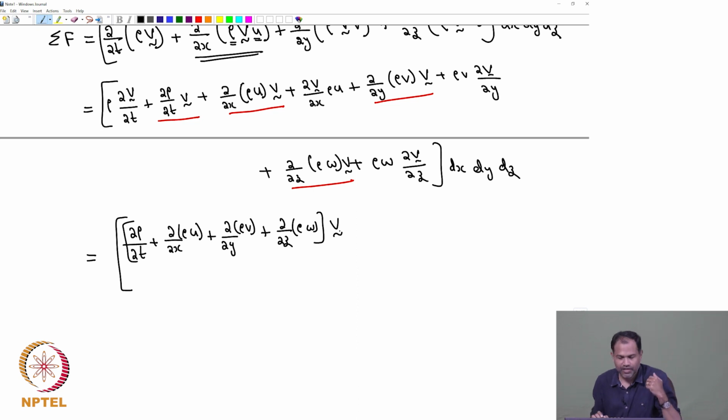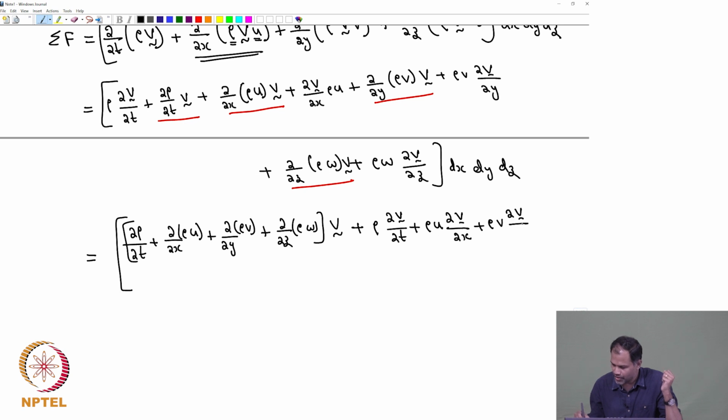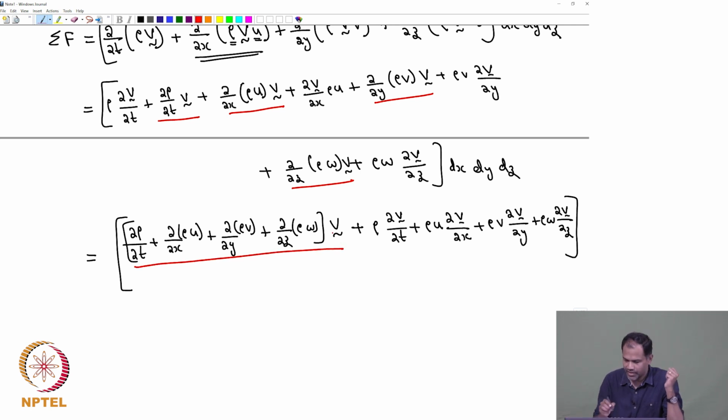So, those are the terms that I have used in red, plus other terms rho times del v by del t plus rho u times del v by del x plus rho v times del v by del y plus rho w times del v by del z. Okay, so these are the terms that are underlined as red in the above expression and other terms.